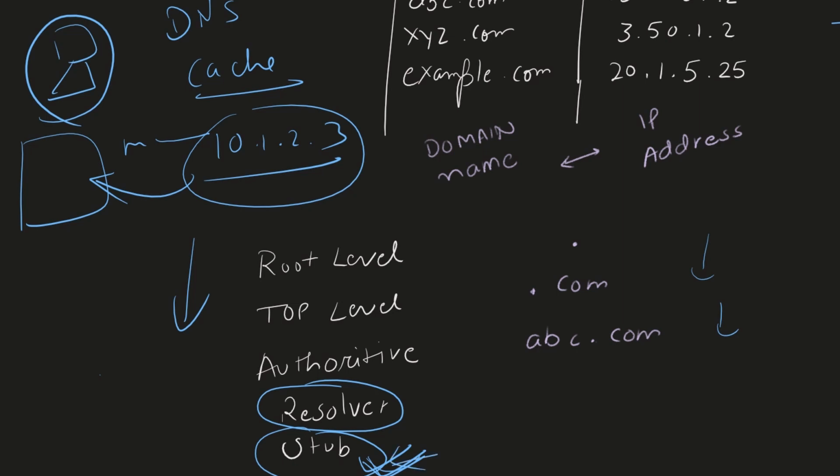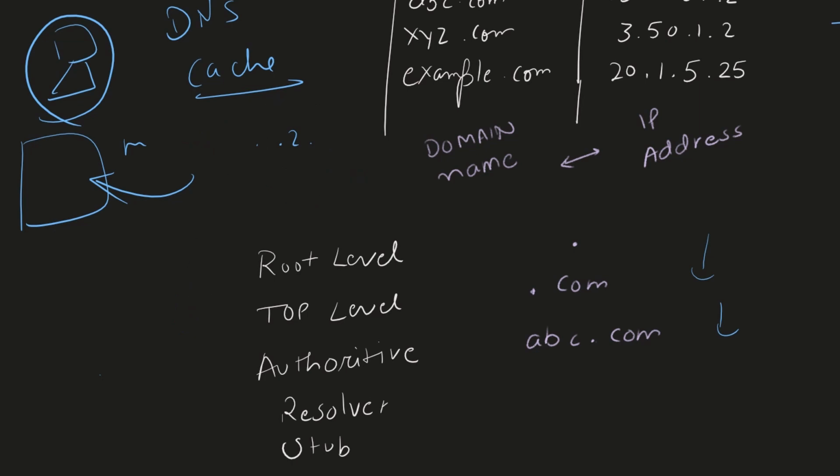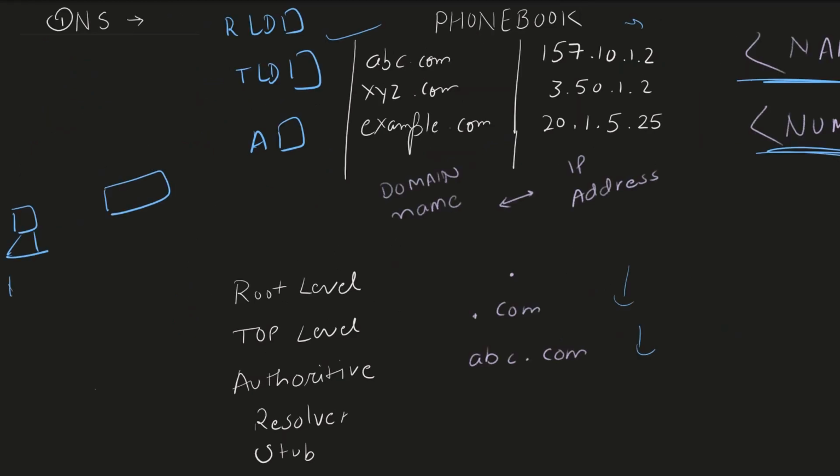First your PC will check within itself whether it has this domain name or not. Then in the second step it will go to a resolver, which will do all these root level, top level, authoritative and domain level lookups. Let me draw a diagram so you will understand it better. So this is a PC, this is your resolver.